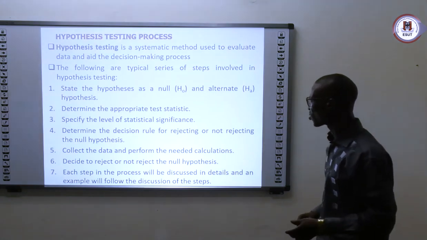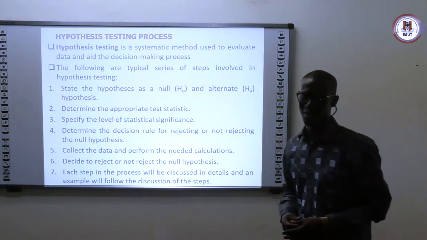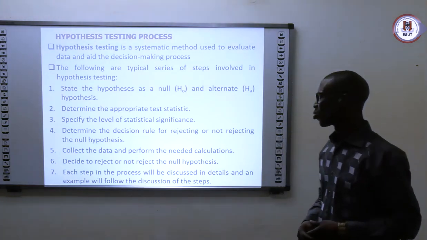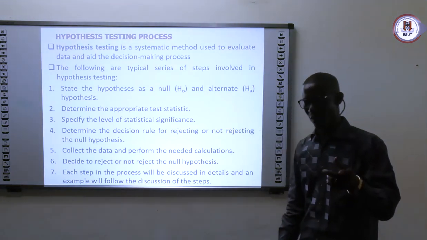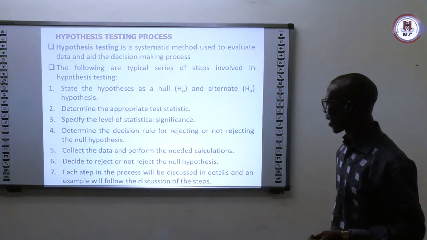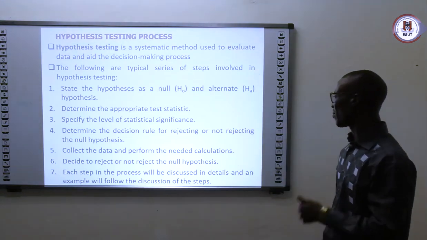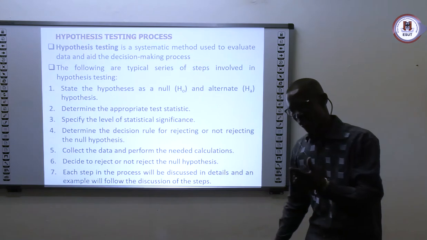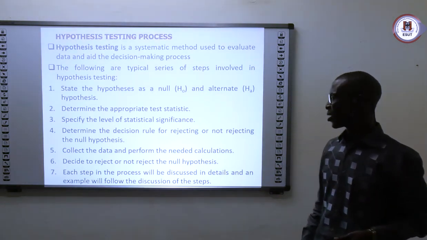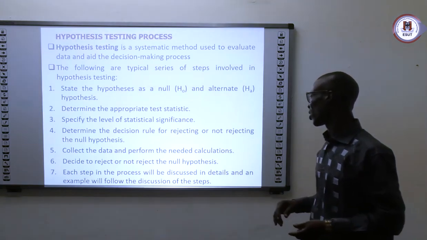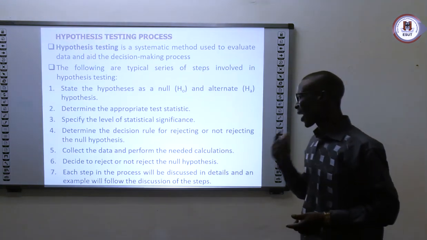The second step is to determine the appropriate test statistics that will be applied to the hypothesis. The third is to specify the level of statistical significance that you will apply. The fourth is to determine the decision rule for rejecting or accepting the null hypothesis. The fifth is the data collection. Perform the needed calculation.